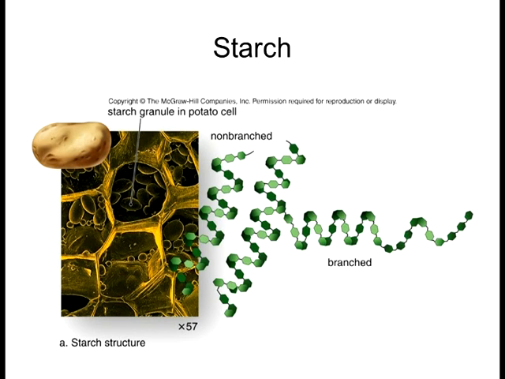Okay? Starch is how plants store their carbohydrates. So that's why plant material typically is high in starch. Corn, rice, wheat, and all these things have starch. Potatoes and the like have starches in them that we use for eating and whatnot.